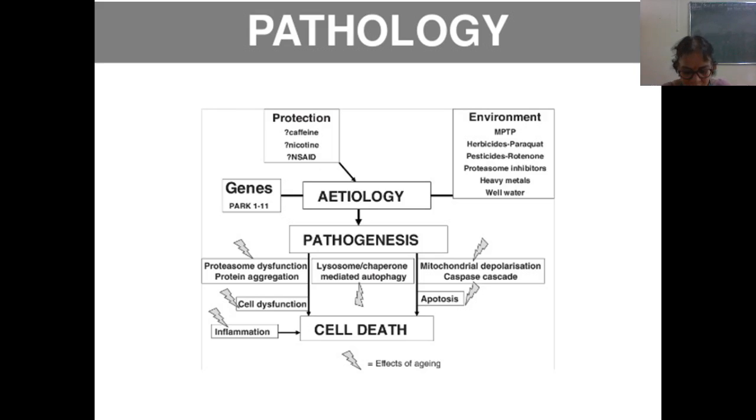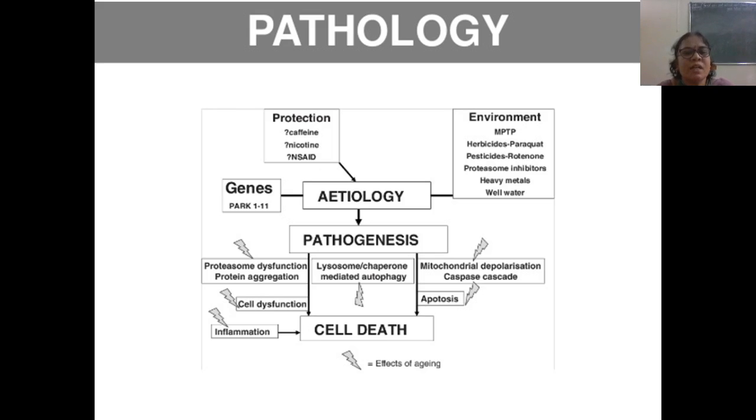So we will see what happens in Parkinson's disease. First, genetic tendency will lead to Parkinson's disease, and the use of caffeine, nicotine, and NSAIDs gives a sort of protection from Parkinson's disease.